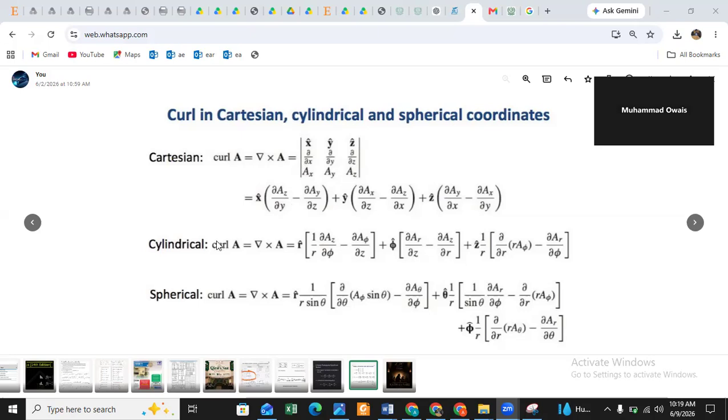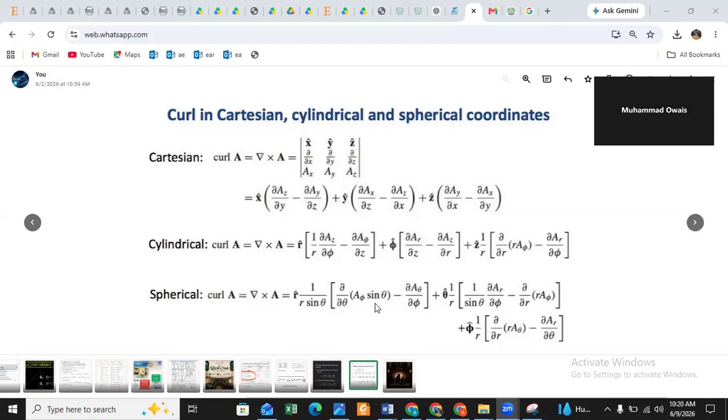And after that, the cylindrical curl by the formula, we already implemented these values. For the sake of simplicity, for the first expression, in rectangular coordinates, we need Ax, Ay, Az to solve the curl of A in the Cartesian coordinate system.